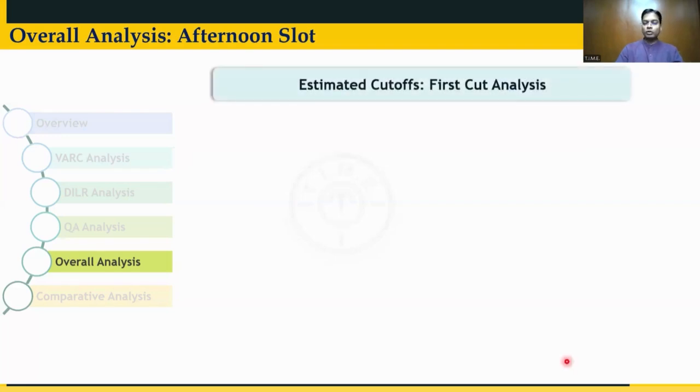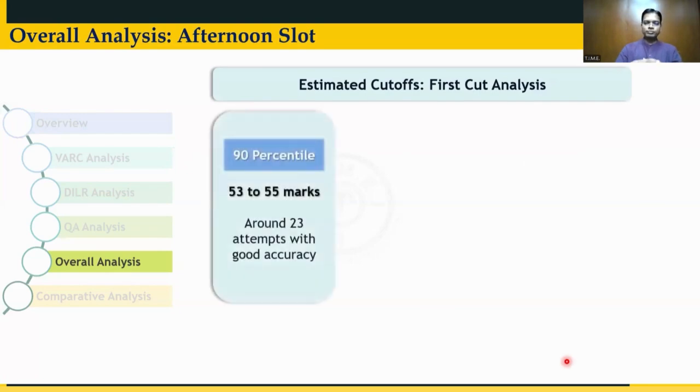What would the overall cutoffs look like for the afternoon slot? About 53 to 55 marks overall, the raw scores we are talking about, because there is going to be scaling, but we'll not get into that, because in each slot students can discuss or relate to their marks. So about 53 to 55 net marks overall can fetch you a 90 percentile.